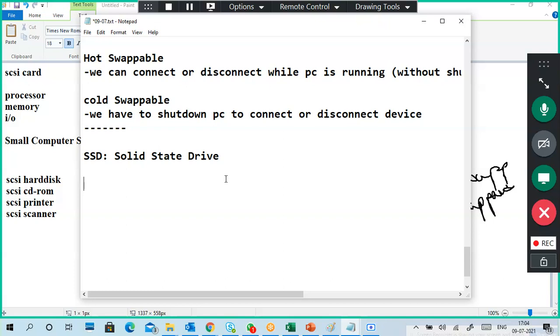It simply uses a NAND technique. They call this NAND memory. It does not contain any magnetic platters.